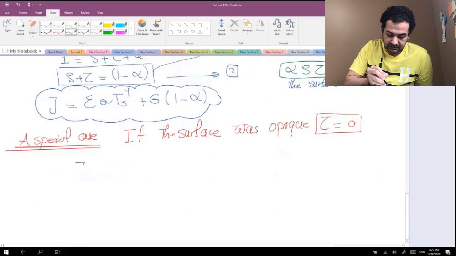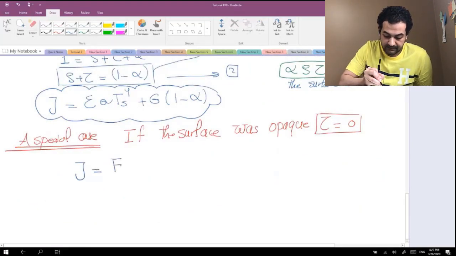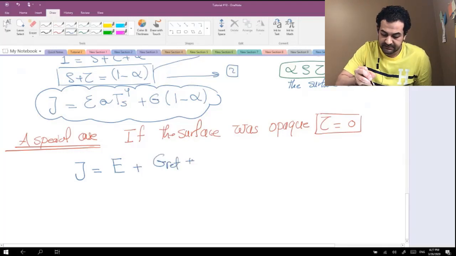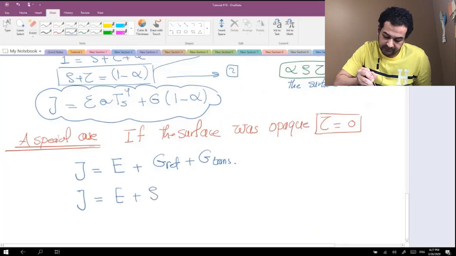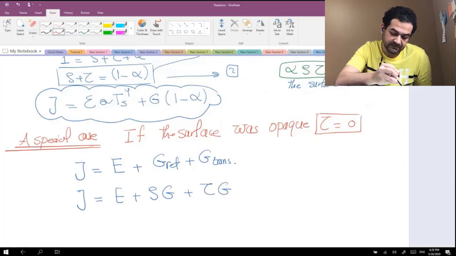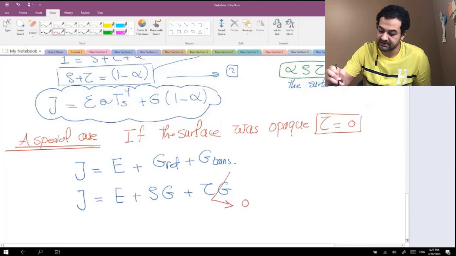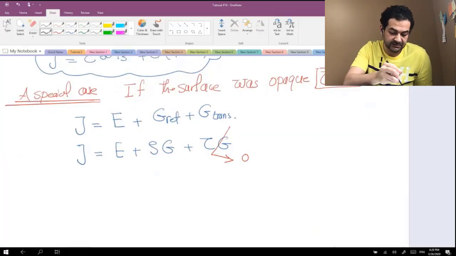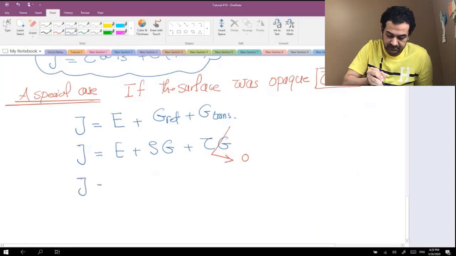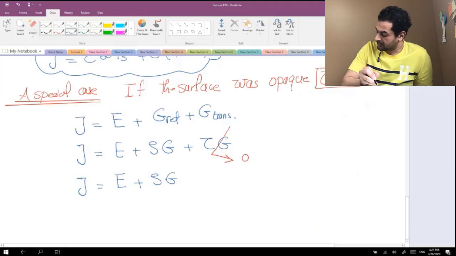J is equal to E plus G reflectance plus G transmittance, as long as E plus rho multiplied by G plus tau multiplied by G, as long as tau is 0. So this term is going to be cancelled out, and there is no transmittance at all in this problem, and J is going to be E plus rho multiplied by G, right?